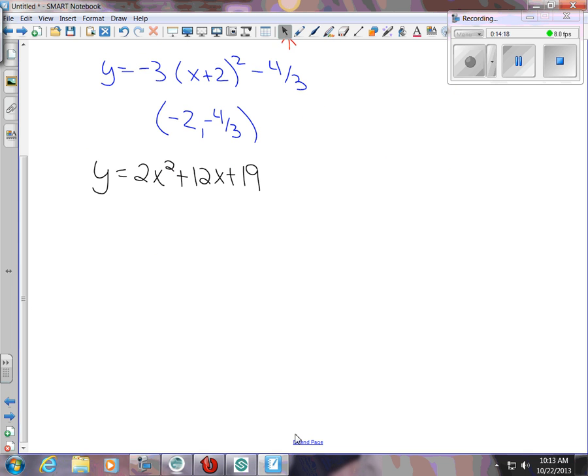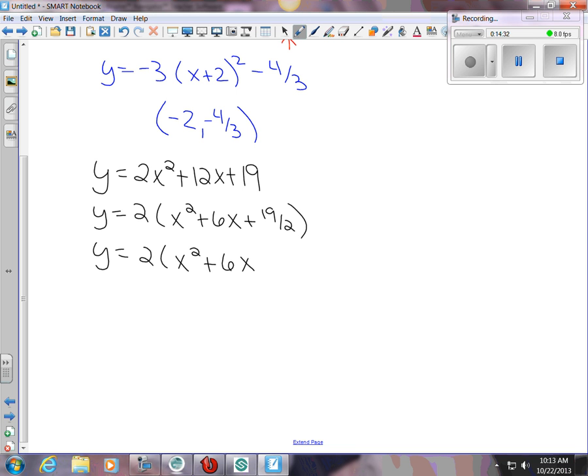All right. First step, guys. Divide everything by 2. So I'm going to take that 2 out. We're going to have x squared plus 6x plus 19/2. Are we okay with that? Yes. Now what? Right. Got to find that new C term. So you have 6 over 2 quantity squared, which gives us 9, which I'm going to plus 9.